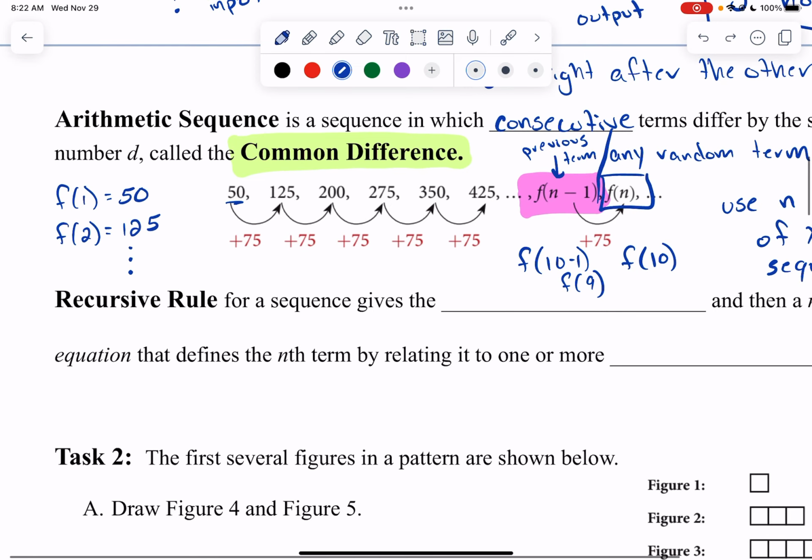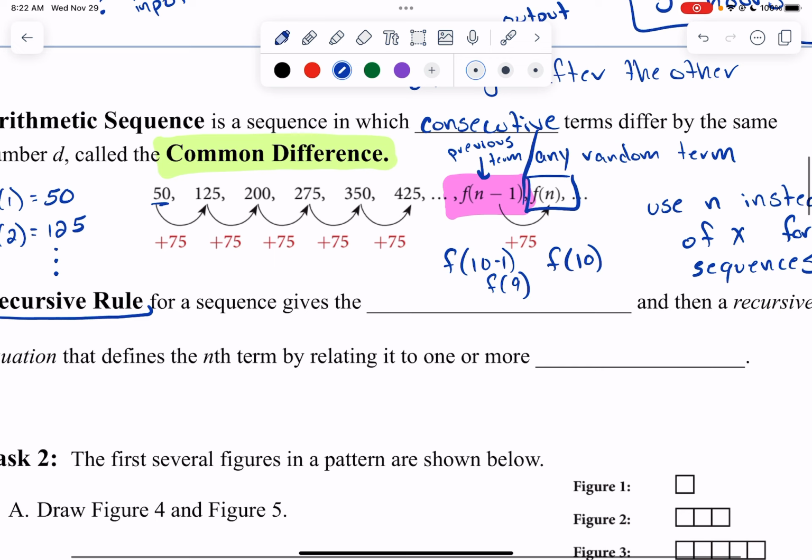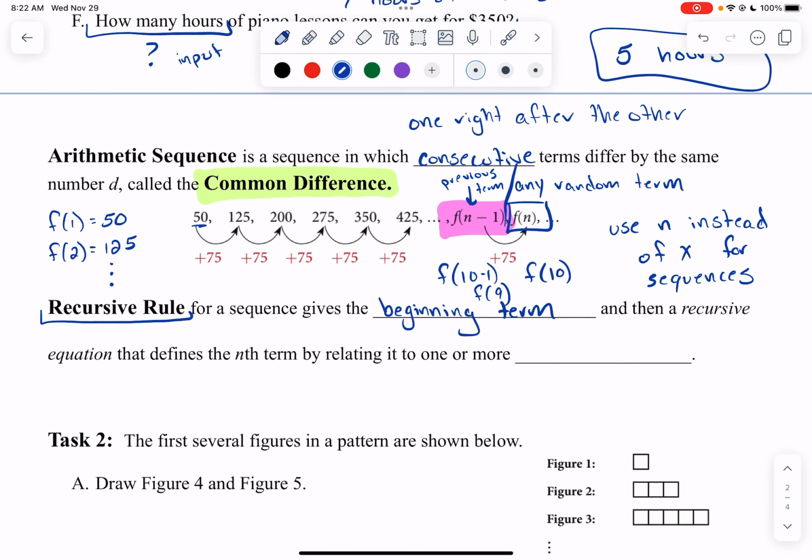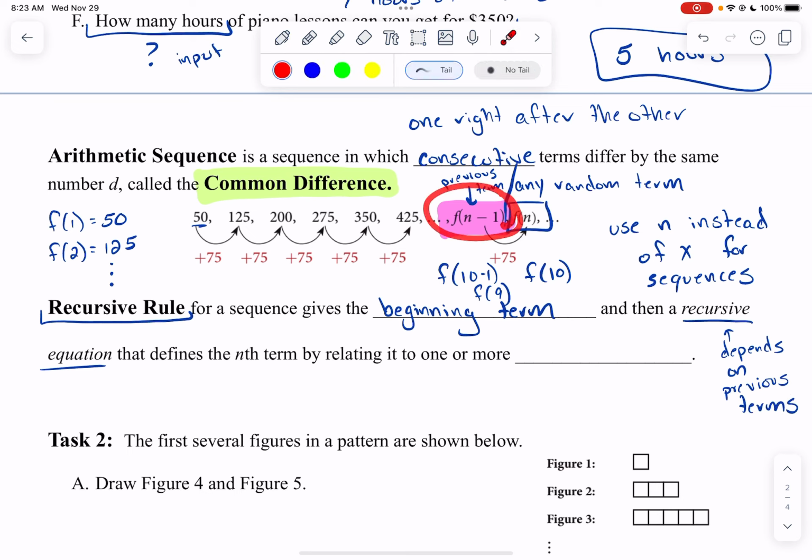Okay. So a recursive rule gives us the beginning term. For a recursive rule, we need to know what term we start with. And then a recursive equation, what we mean by recursive is it depends on previous terms, hence why we talked about notation for the previous term.